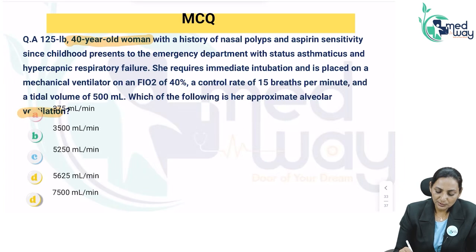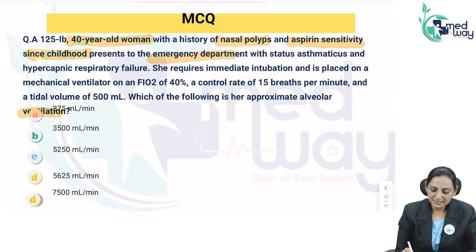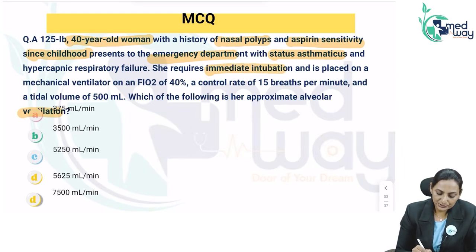A 40-year-old woman, history of nasal polyp, aspirin sensitivity since childhood, comes to the emergency department with status asthmaticus, requires immediate intubation, placed on ventilation with 40% fraction of inspired oxygen, control rate of 15 breaths per minute, tidal volume 500.